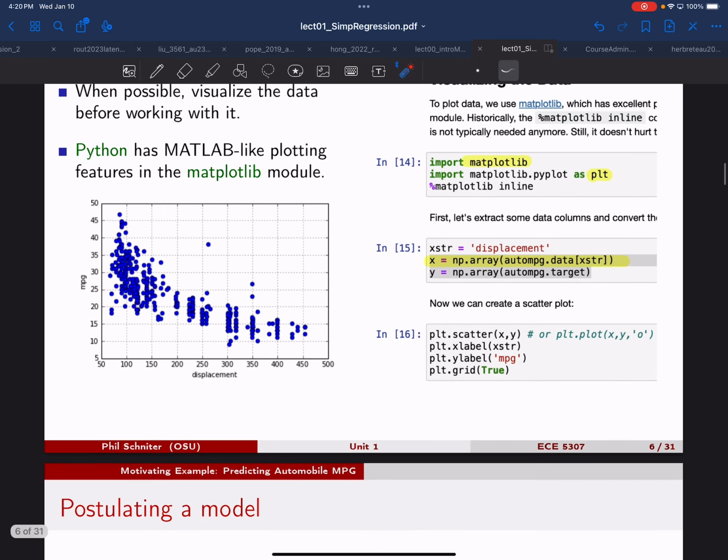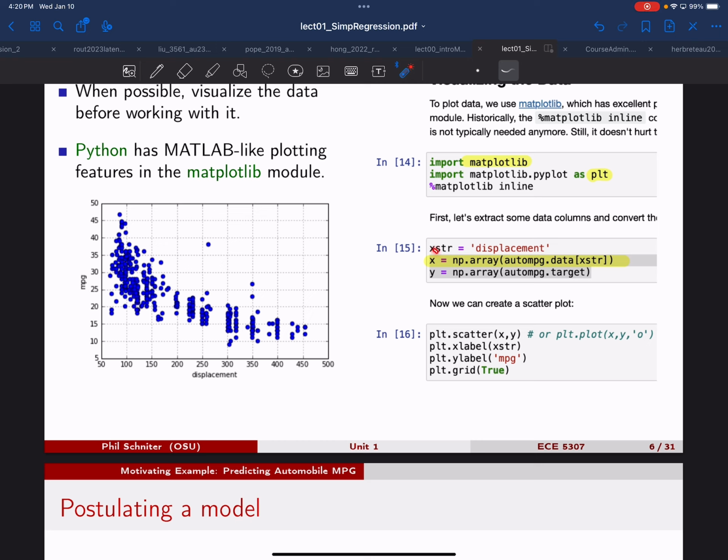Okay, and we're taking that list of numbers formatted as Pandas, and we're re-instantiating it or casting it as a NumPy array. And NumPy arrays are the main variable type that we will use for our numerical processing.